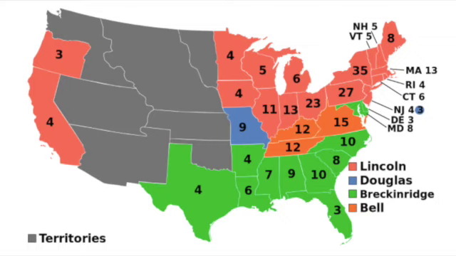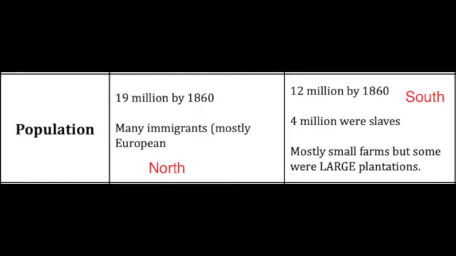Another reason that he wins very easily is because of the distribution of population. Earlier this week, you looked at that chart, and the population: the North is going to have about 19 million people by 1860. The South is going to have about 12 million people, but a third of that, 4 million of them, are slaves, which can't vote.